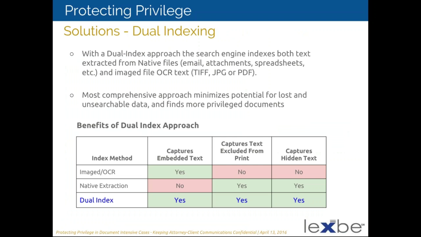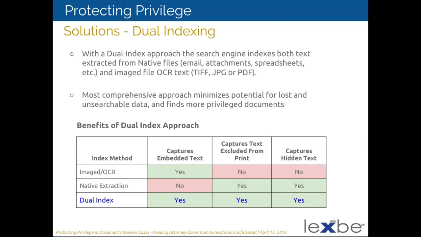Wanted to mention a little bit about dual indexing. That's something particular to our software. I haven't heard that anybody else does that. What we do is we put into our search index both the text that we can extract out of the native version of a document and also what we get after creating a PDF and doing an OCR.